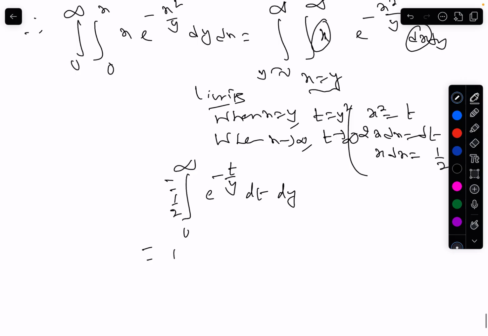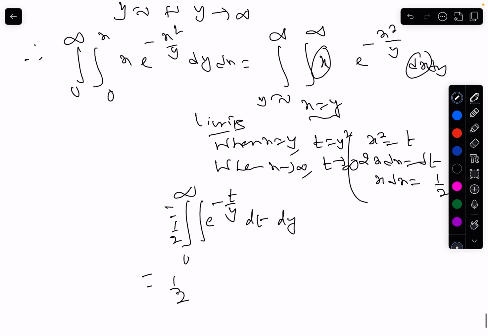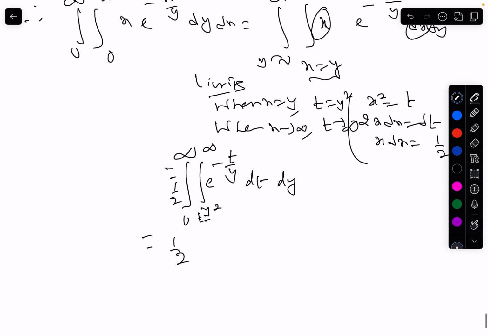So this is equal to 1 by 2. Okay, the second integration limit is t equal to y square to infinity, y equal to 0 to infinity.